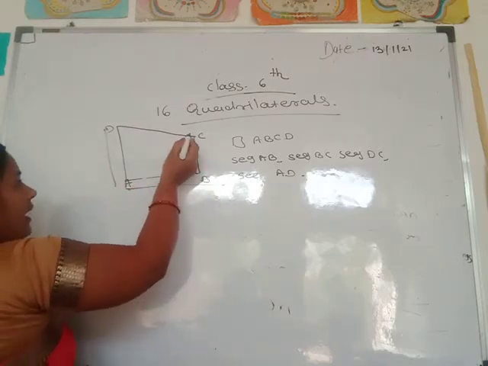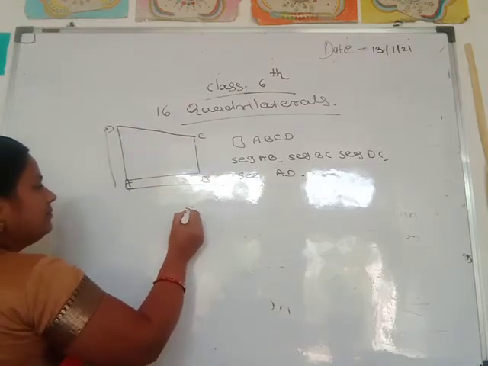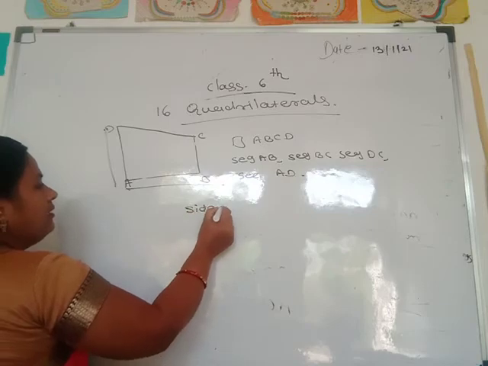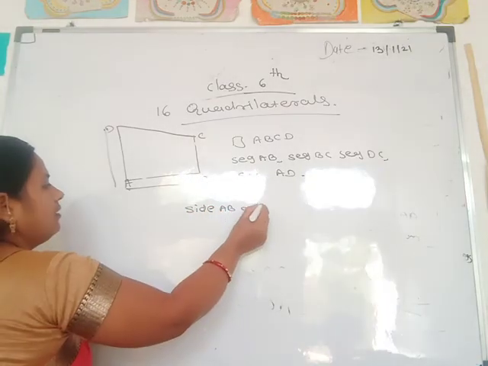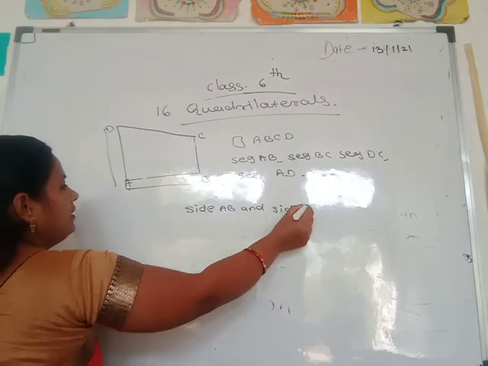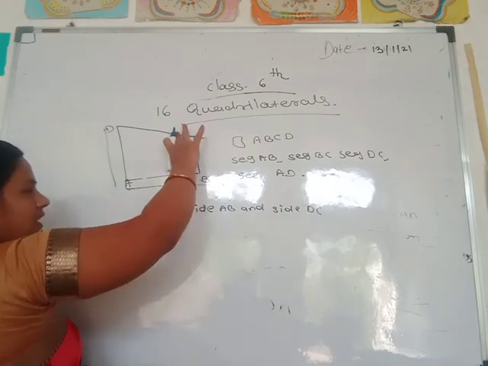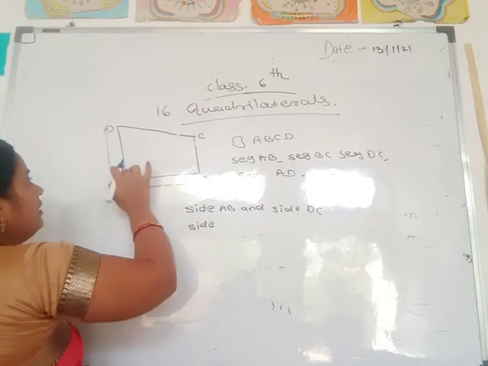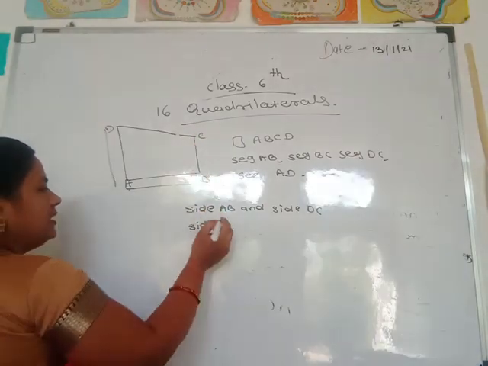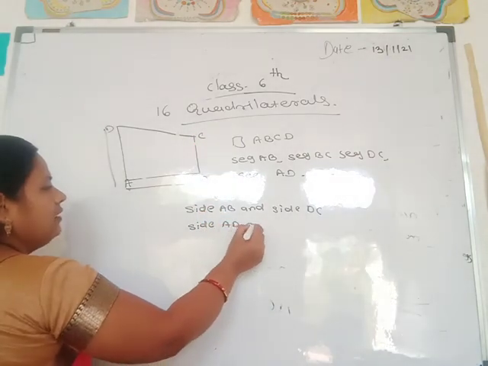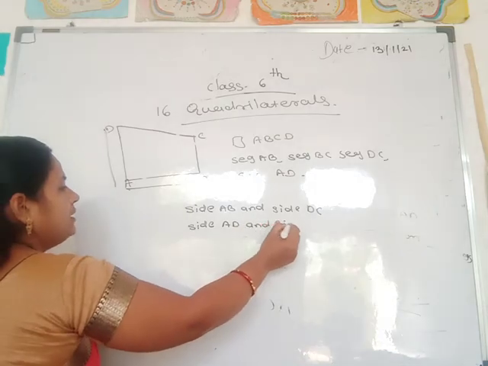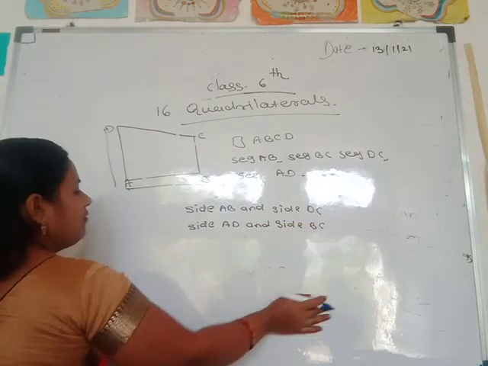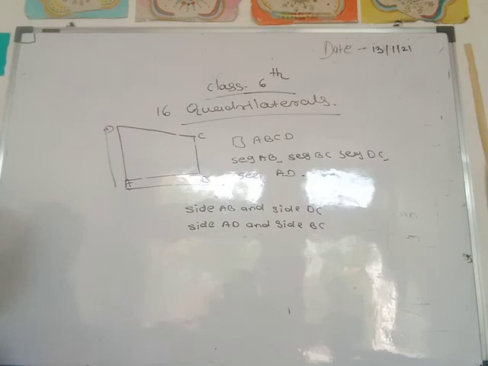Side AB and side DC are opposite sides. Then again opposite sides: side AD and side BC. These are the two pairs of opposite sides of this quadrilateral ABCD.